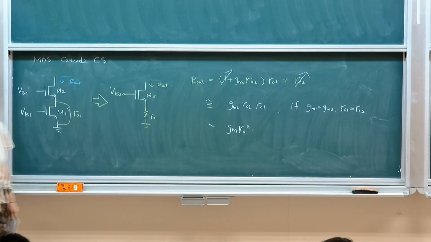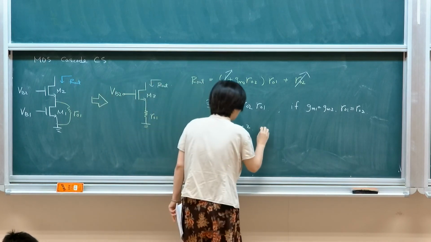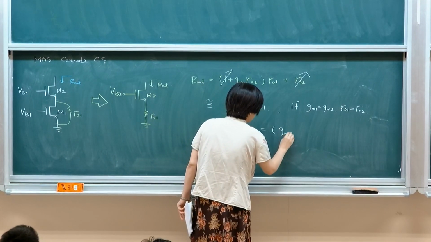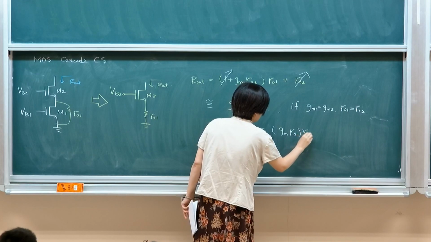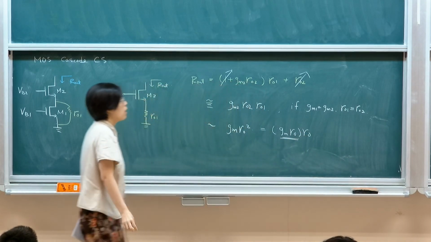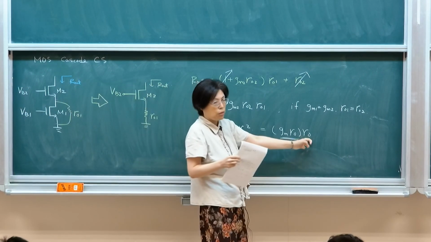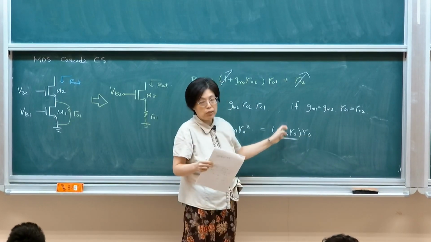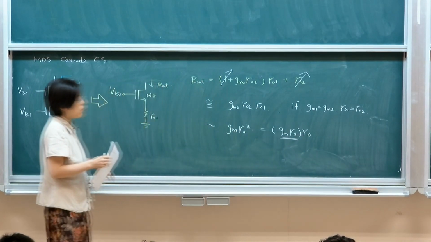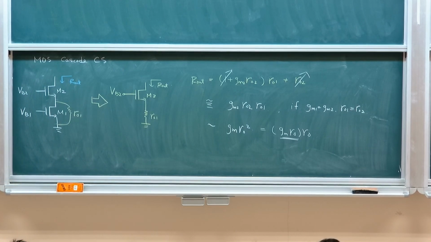So you actually flatten it out by a factor of gm RO. This is how much it flattened down. Originally, if it was one transistor, it's one RO, now times a factor of gm RO. So it's a very effective way of increasing output resistance when you do the stacking.